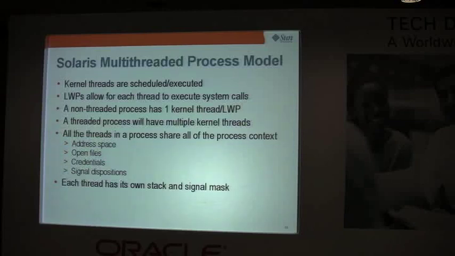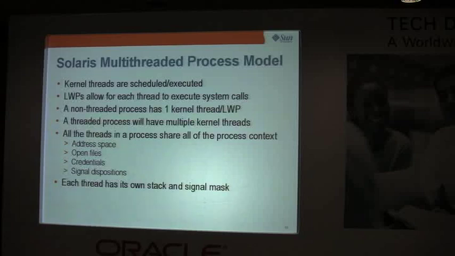A non-threaded process has one kernel thread and one LWP, and then you have your address space and so on and so forth. So simple. A threaded process will have multiple kernel threads associated with multiple user space threads, but you still have just one address space.